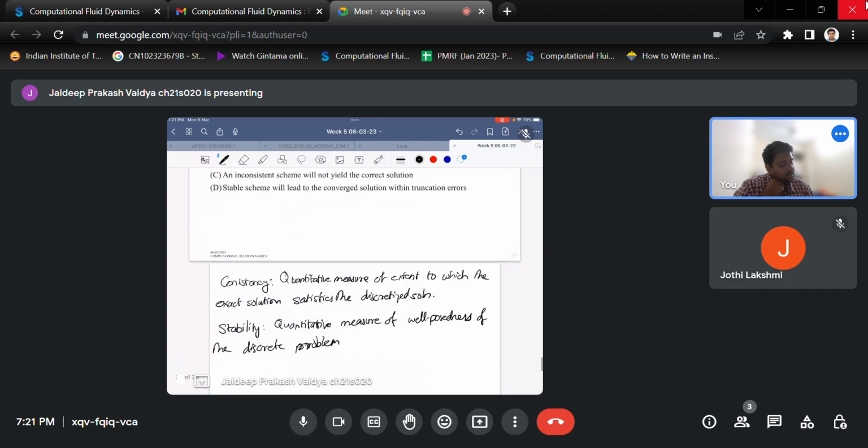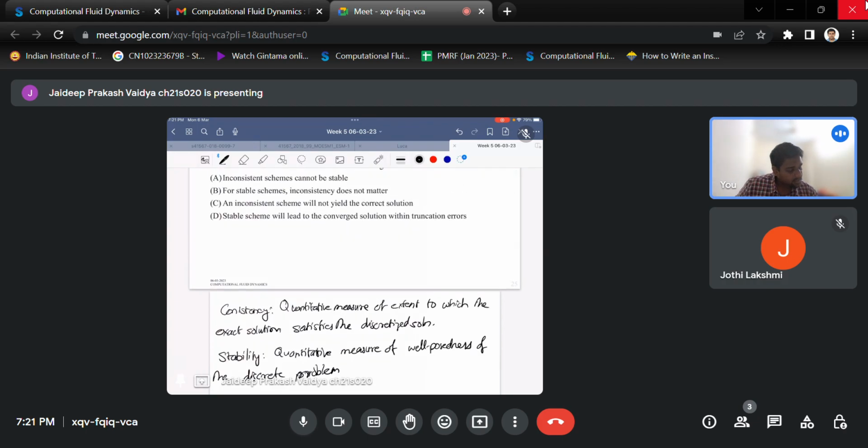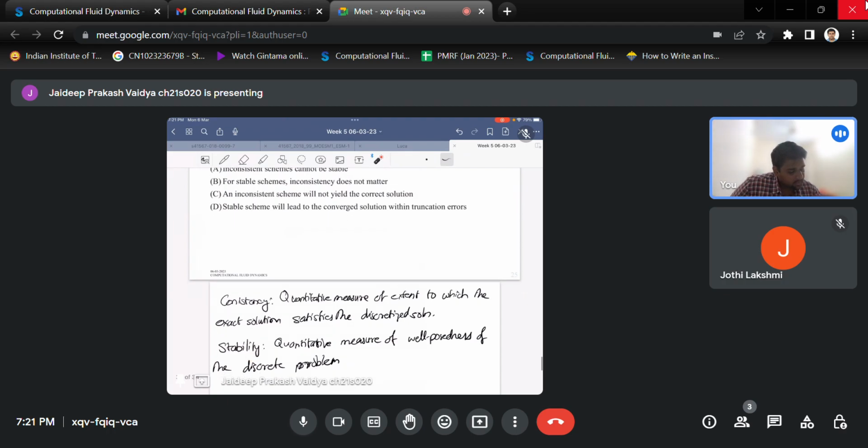Therefore, what we can analyze from this is that stability deals with the measure of the well-posedness of the system, and consistency deals with whether the exact solution satisfies the discretized solution.